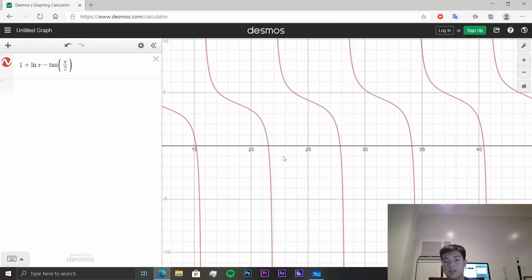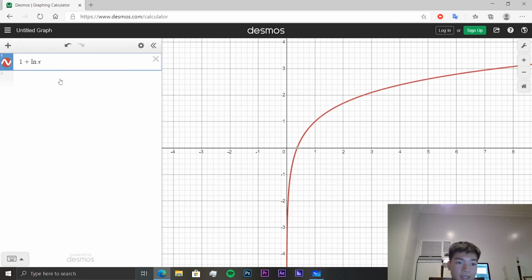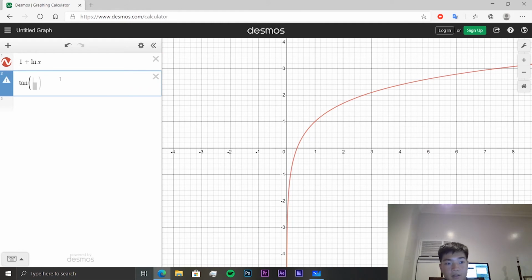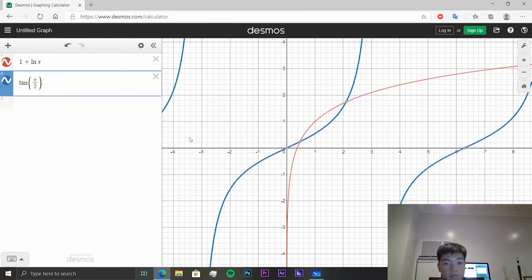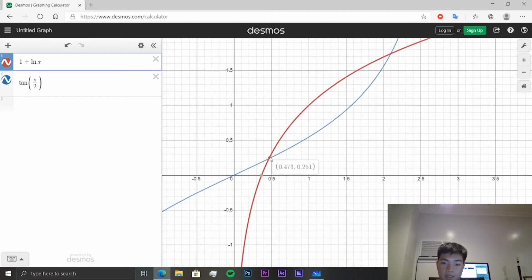There are infinitely many roots, but I assume they just mean the region here. So if we plot 1 plus ln x and tangent of x over 2, I assume they mean this region here between 0.467 and 2.099.